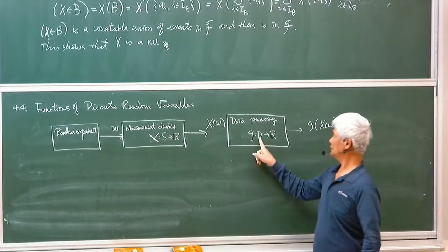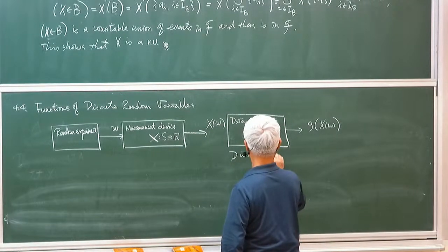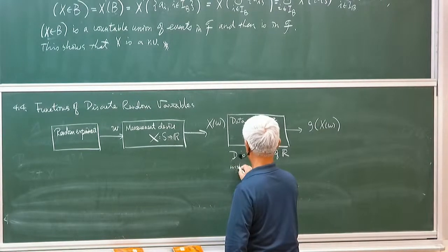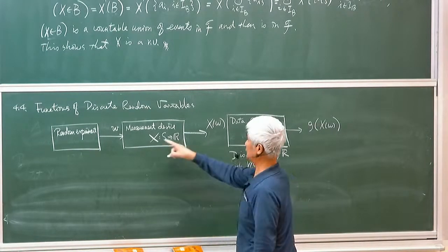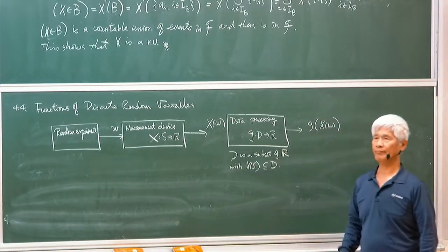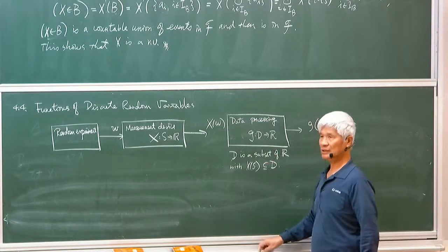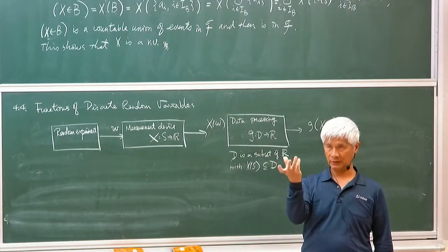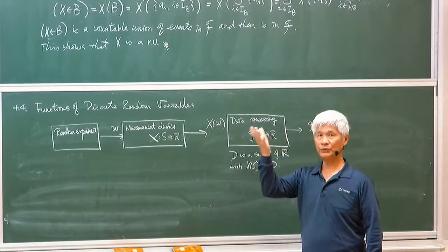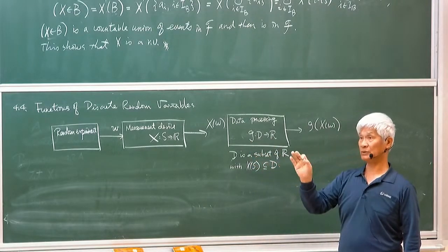So G is a function from D, where D is a subset of R, with the range of the random variable contained in D. For example, if G is the natural logarithm function, then D is not the whole real line, because D is just the infinite interval from 0 to infinity.